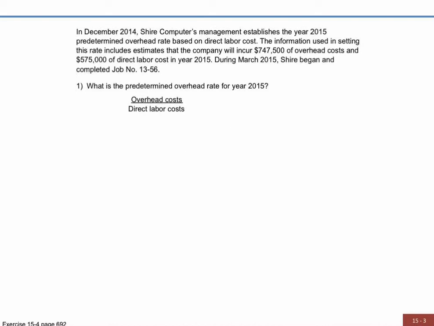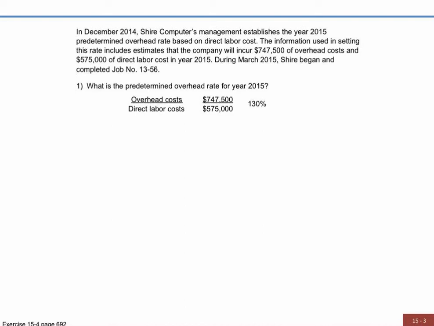Again, both these numbers that we're calculating here are going to be the estimated numbers, and we're calculating those on the front end. So we're just going to divide the 747,500 by the 575 to get 130% of labor costs is what we anticipate is the amount of those utilities used up.